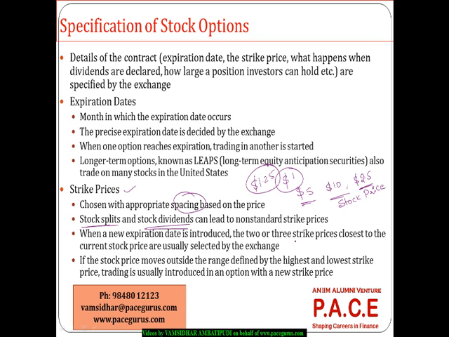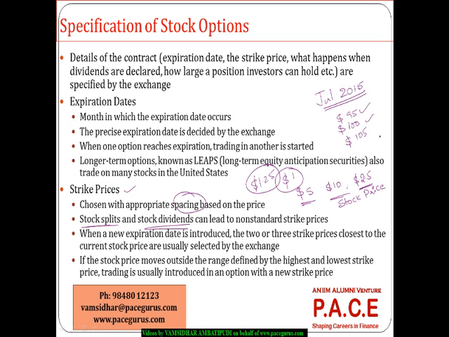Now, any new expiration date coming up. Let's say a new option is coming up for July 2015. What the exchange will look at is today's stock price. Let's say it's around 100. It will look at a couple of strike prices which are closest to it. If the spacing is 5, it looks for a couple of them in this kind of range.